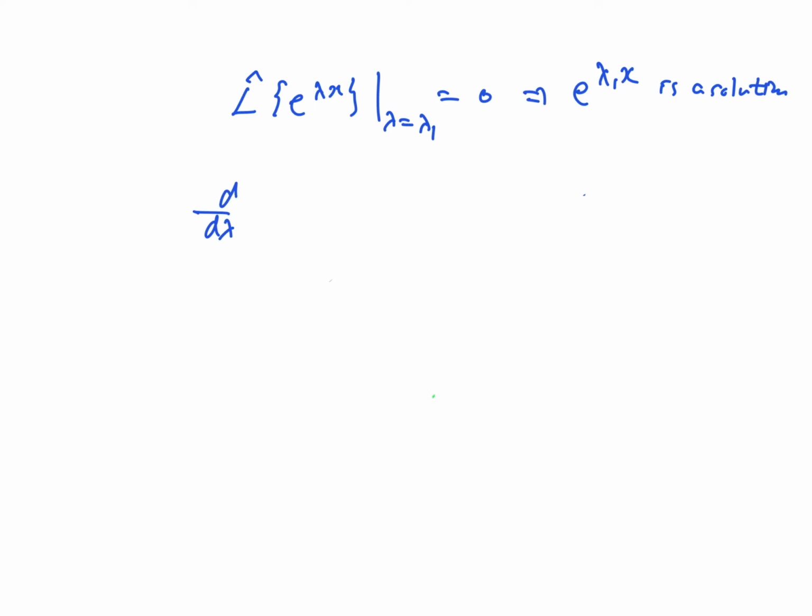So if we summarize our result, this is equal to 0, right? That means exponential lambda 1 x is the solution. Also, d lambda of L equals 0.